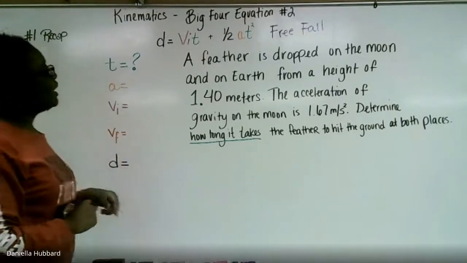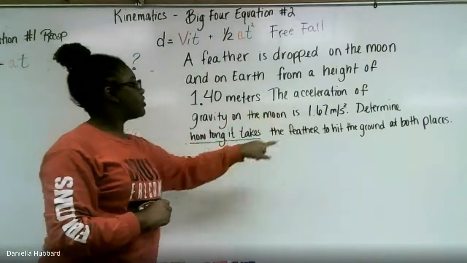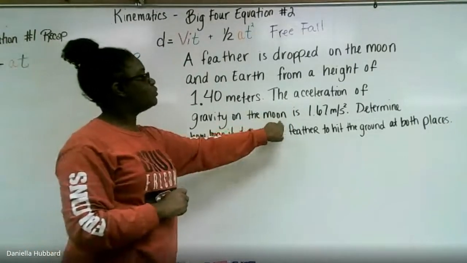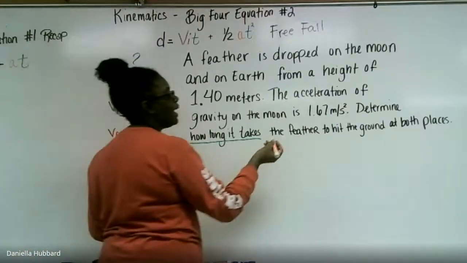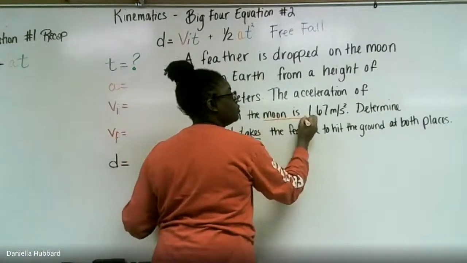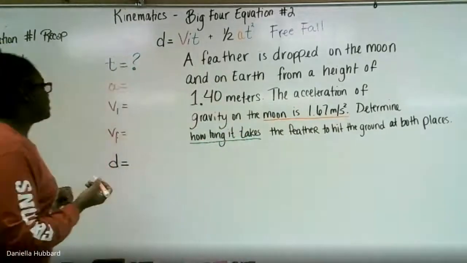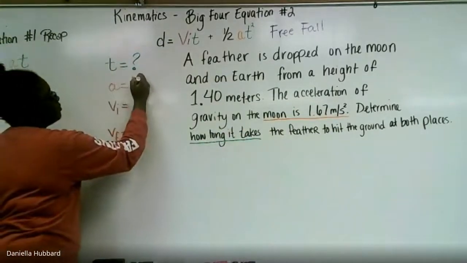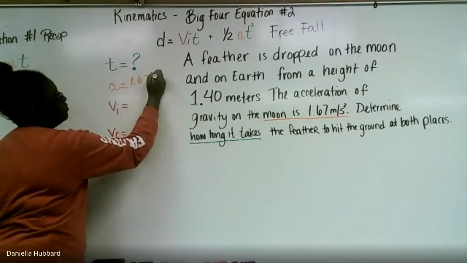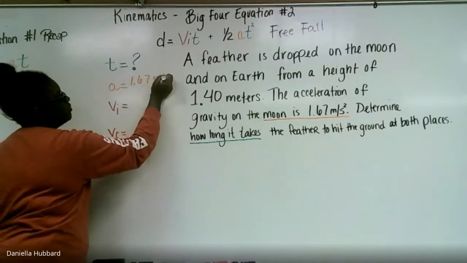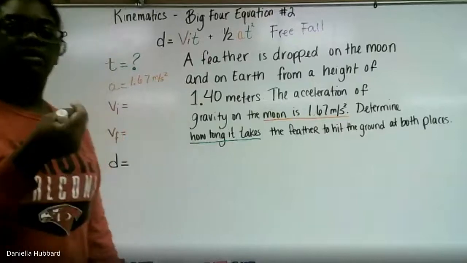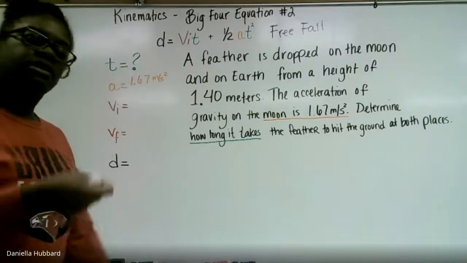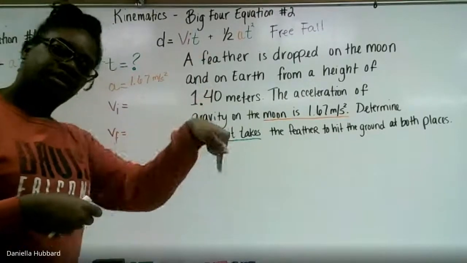They tell us that the acceleration of gravity on the moon is 1.67. So my A for the moon is 1.67. And since the object is falling, we have to think about the direction that it's falling. If we're falling, we're going down.